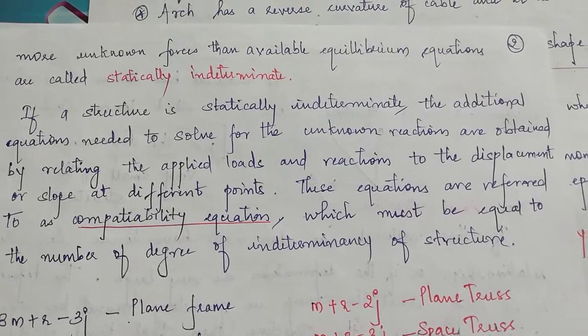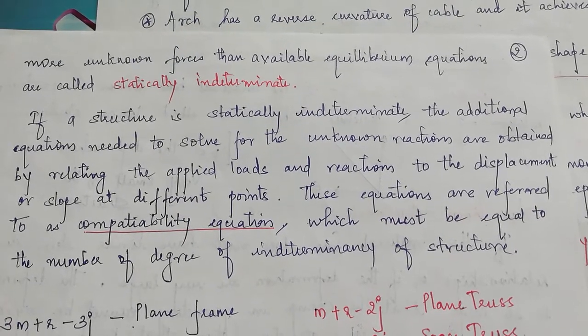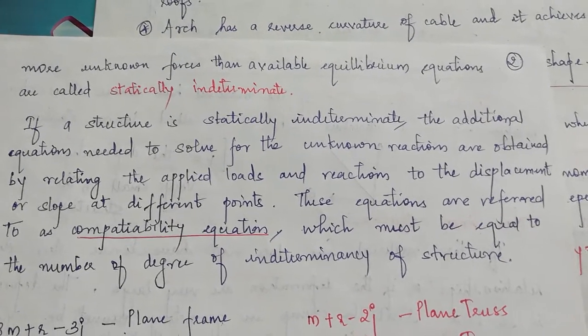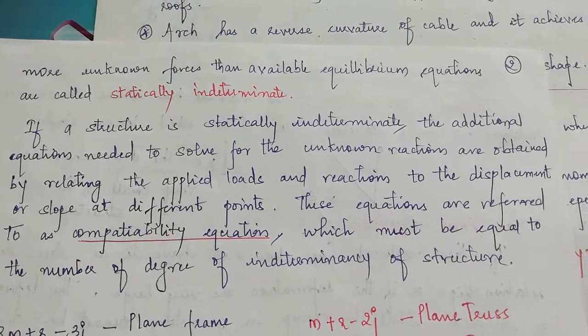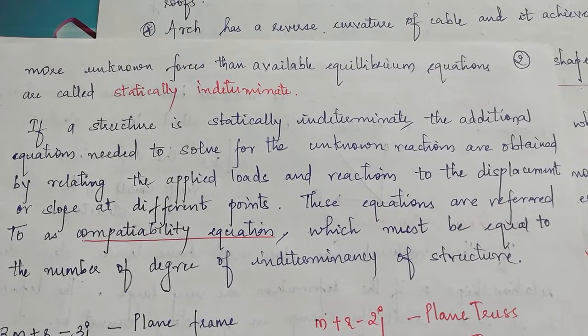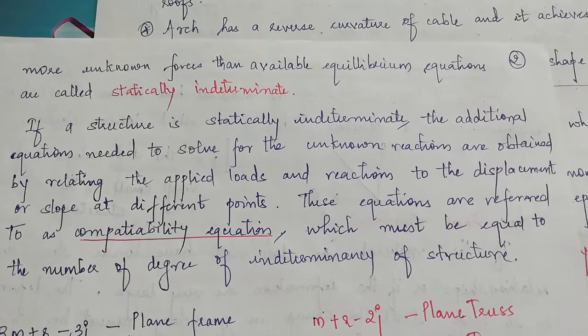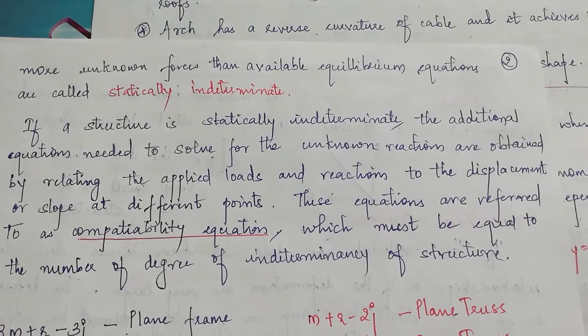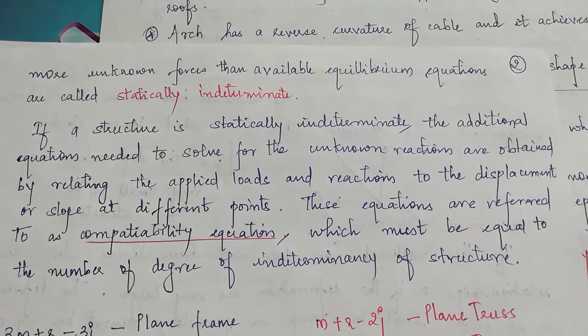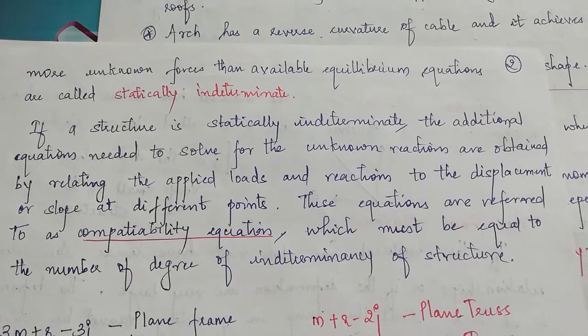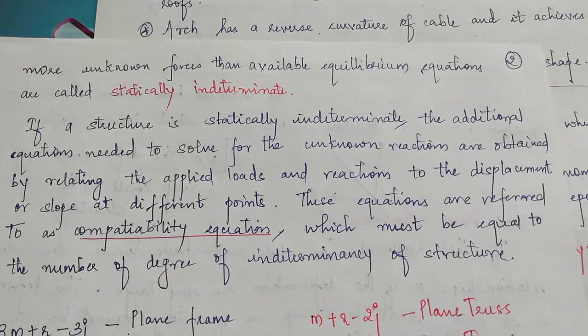That means if the unknown forces, or you can say the reactions that are developed in an element, are more than the available equilibrium conditions, that kind of structure we will be calling a statically indeterminate structure.